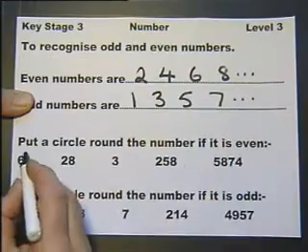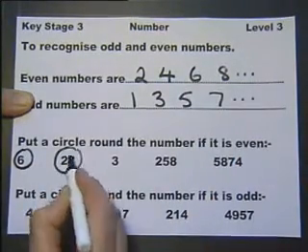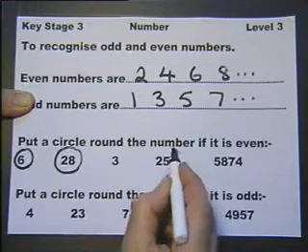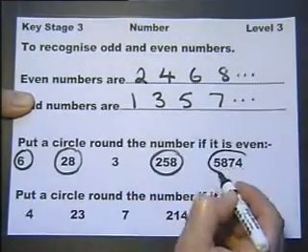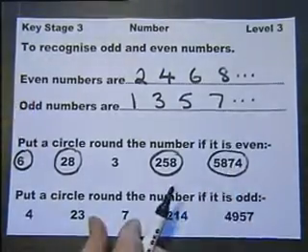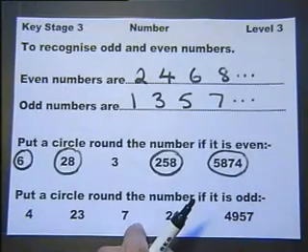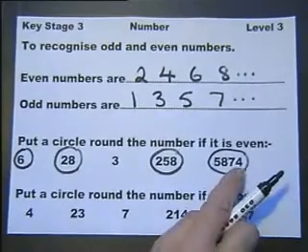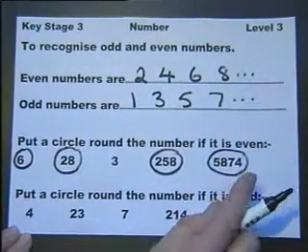Now if it ends in 2, 4, 6 or 8, it's an even number. It doesn't matter how long the number is, or how big the number is, a better way of putting it. If it ends in an even number, it's an even number.